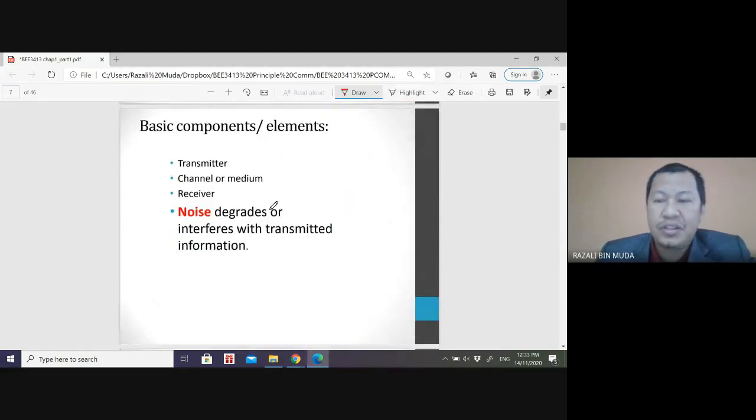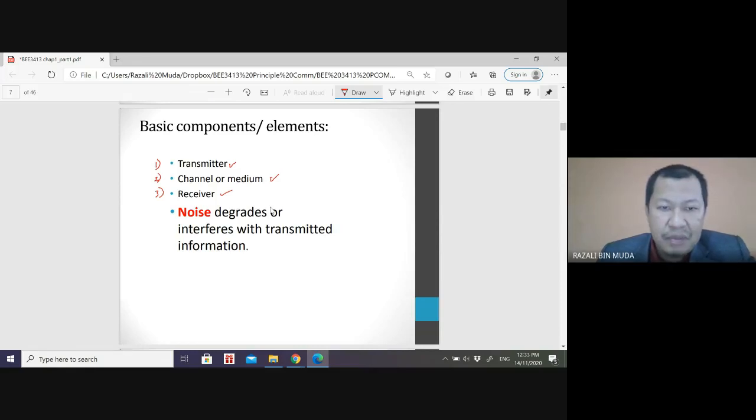So basic components. We have seen just now the basic components of the communication system: the transmitter, the channel, the receiver. Simple. This is the basic component for a simple basic communication system. We have the transmitter, the channel, and the receiver.